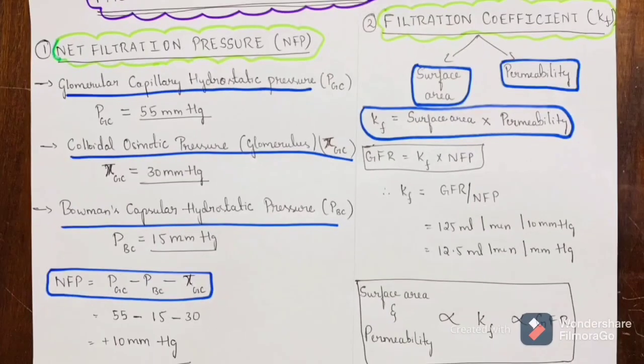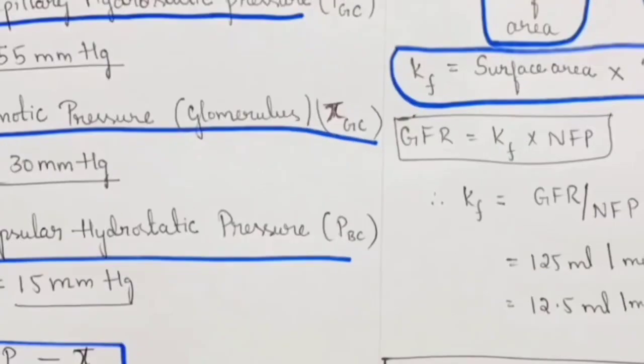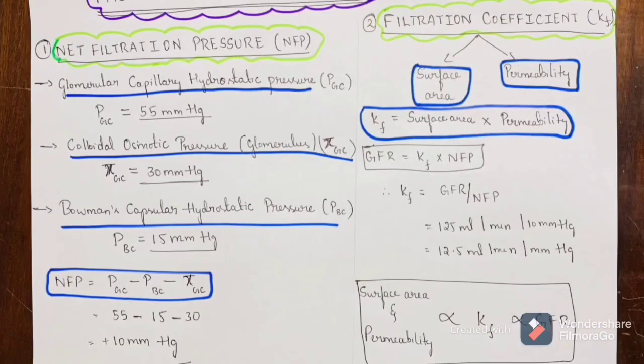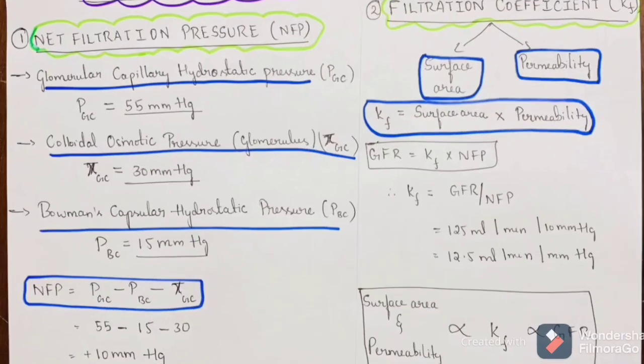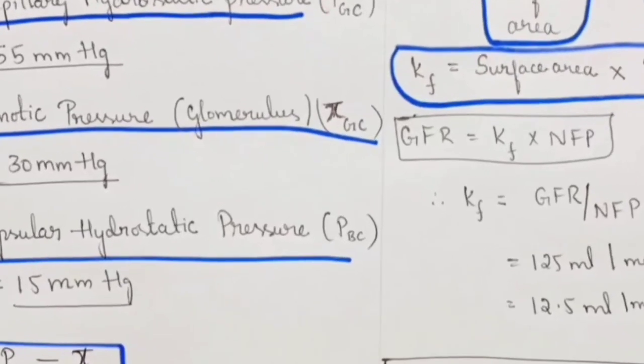So we can derive the filtration coefficient as GFR divided by net filtration pressure, which is equal to 12.5 ml per minute per mm of Hg. Surface area is directly proportional to the filtration coefficient, which is directly proportional to the GFR. Similarly, permeability is also directly proportional to the filtration coefficient and glomerular filtration rate.